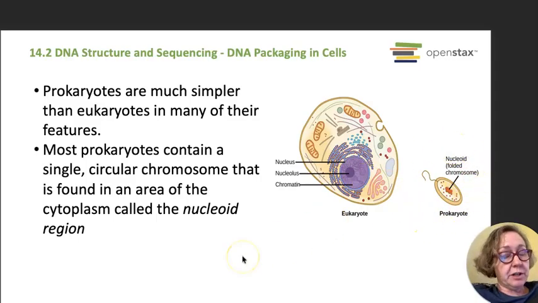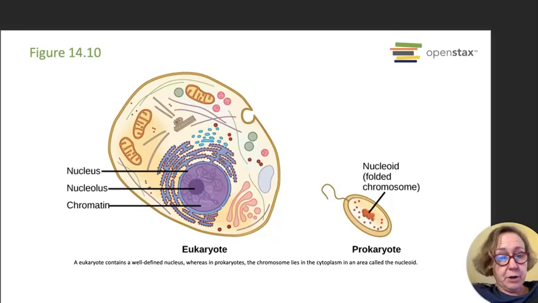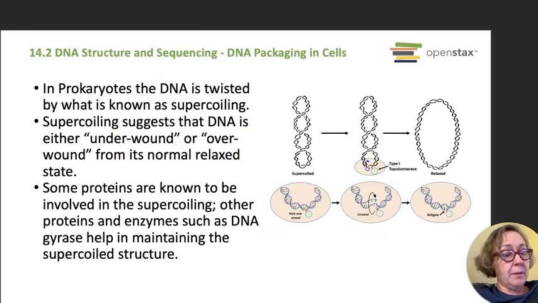So most prokaryotes contain a single circular chromosome that is found in the cytoplasm, and it's called the nucleoid region. In prokaryotes, the DNA is twisted in what's known as supercoiling, so it twists around, and it's underwound or overwound.